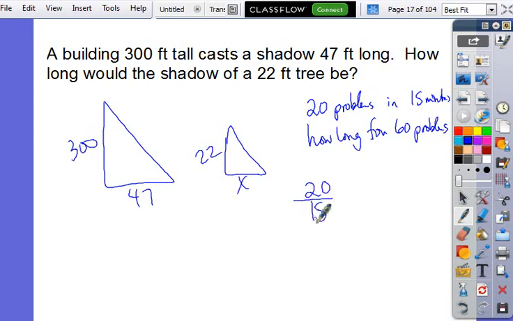So there's my problems, there's my minutes. All you got to do for the second part is put the same thing in the same spot. 60 problems goes where? On the top, because I put problems on the top on that one. How long? X minutes would go there, and then you solve it from there. So all of these are the same thing, it's just used in different ways.